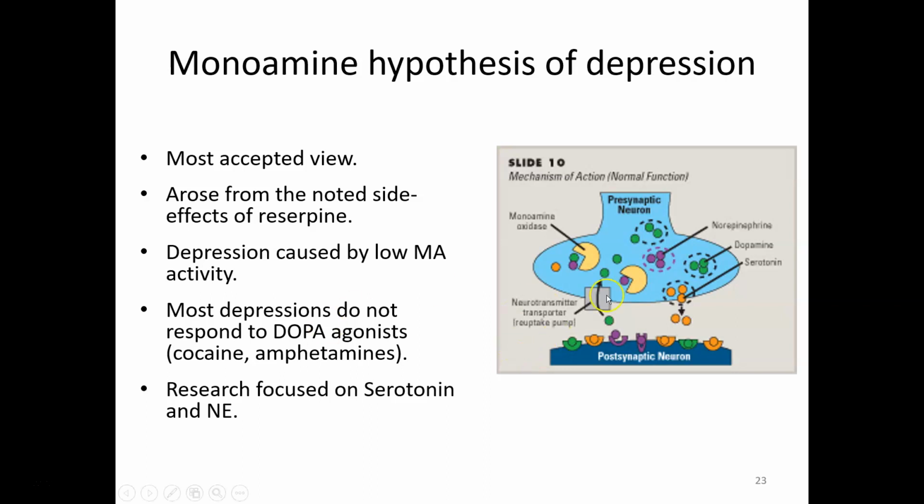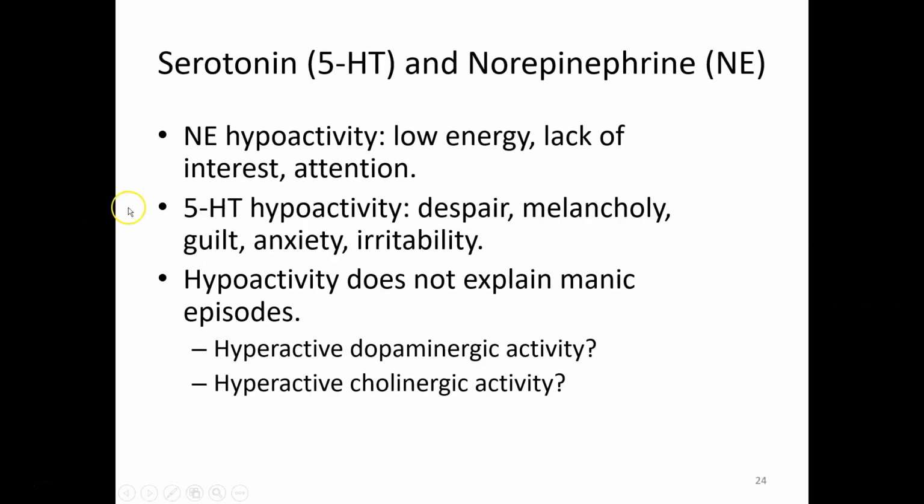So when you prevent the monoamines from being stored into vesicles, they can't get released, and that may result in a depression. As such, we've spent a lot of time focusing on serotonin. The problem with this, though, and we'll get to why the low serotonin equals depression hypothesis may not be correct, but let's first talk about the effects that both serotonin and norepinephrine might have on depression.